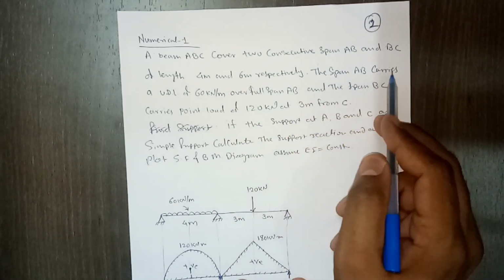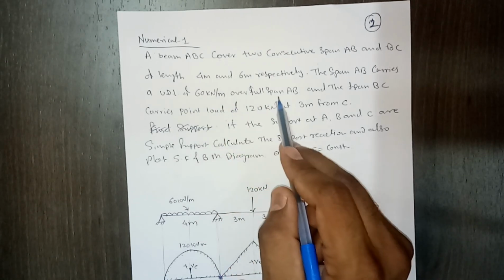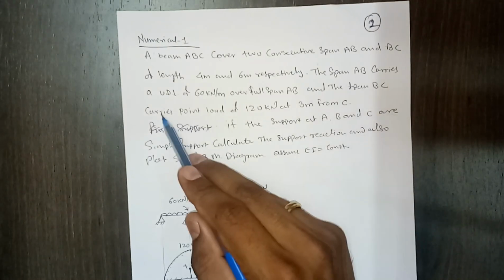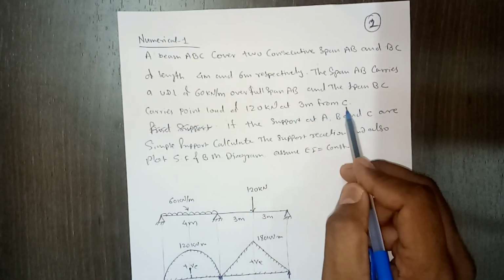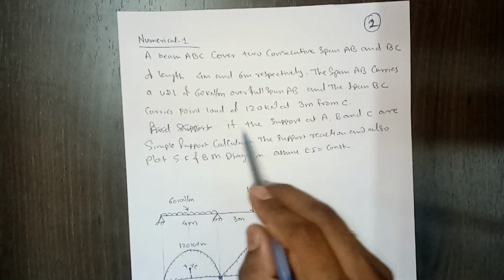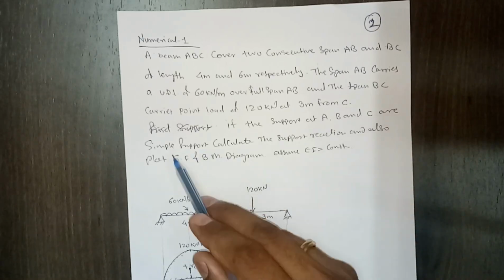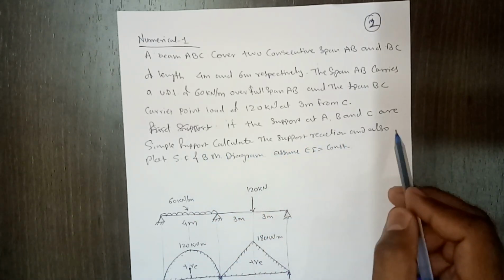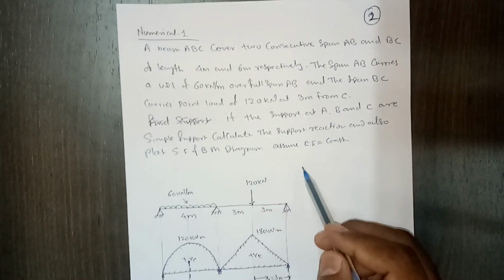The span AB carries a UDL of 60 kilonewton per meter over its full length, and the span BC carries a point load of 120 kilonewton at 3 meters from C. If the supports at A, B and C are simple supports, calculate the support reactions and also plot the shear force and bending moment diagrams. Assume EI is constant.